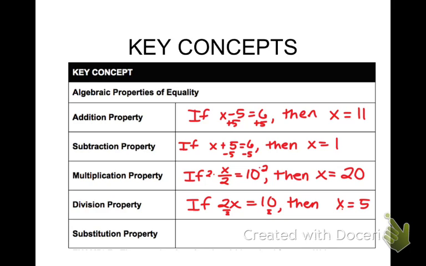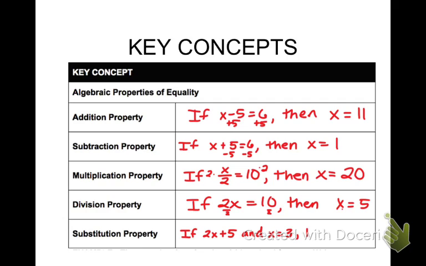All right. And the last one we have is the substitution property. The way that you guys are going to see the substitution property is something maybe like this. If we have 2x plus 5 and x is equal to 3, what do we do when we substitute something in?